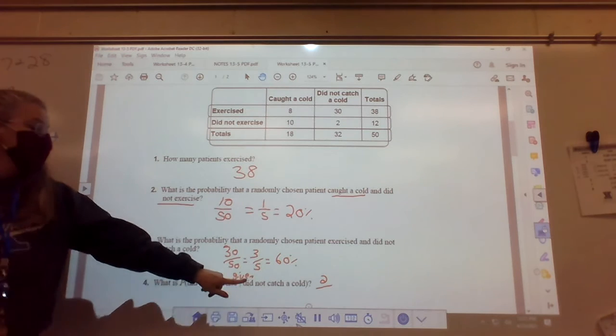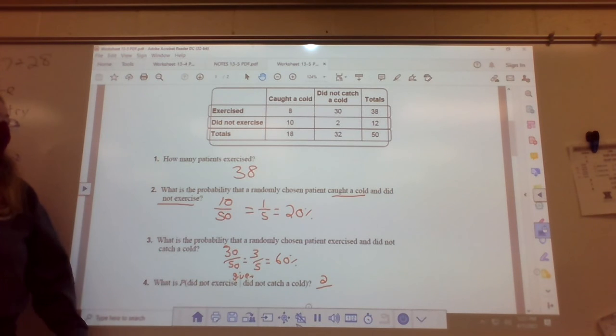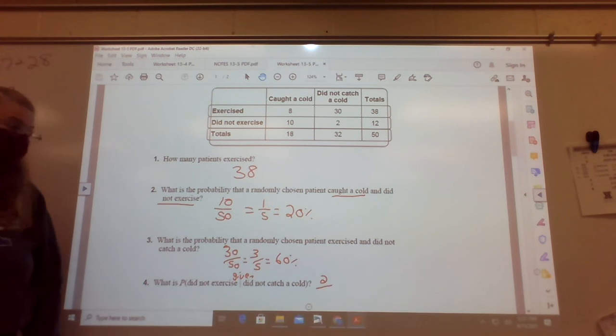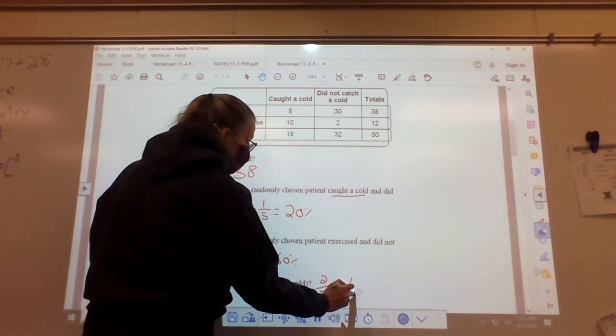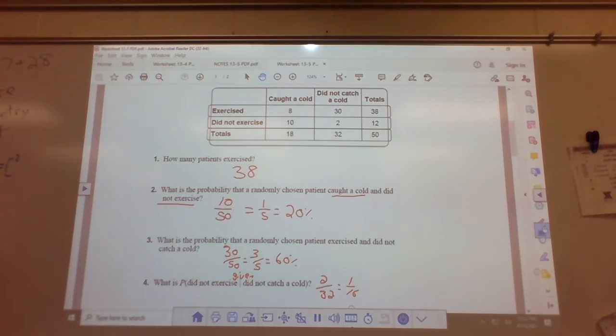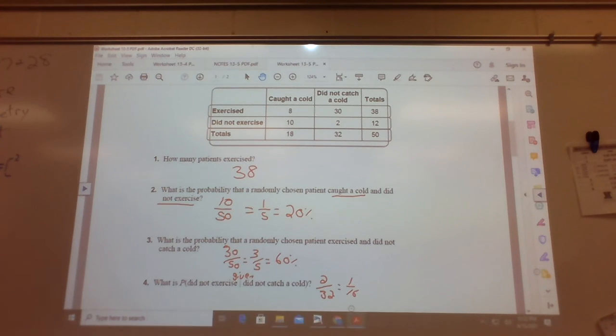Out of did not catch a cold. So what number is going to go in the bottom of that one? 32. Which is 1/16. And I can change that to a decimal. I forget what it is. Because it's out of just one of the groups, not everybody they talk to. It's only out of the one group.